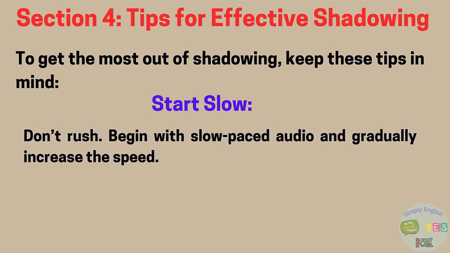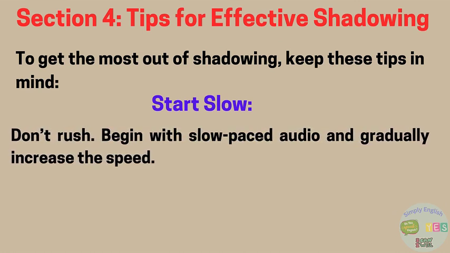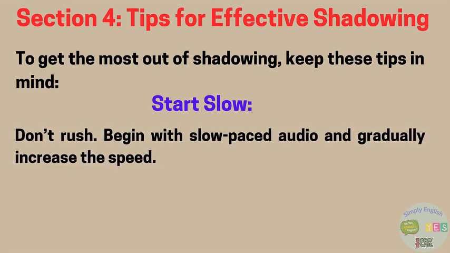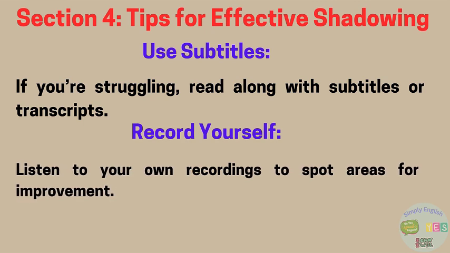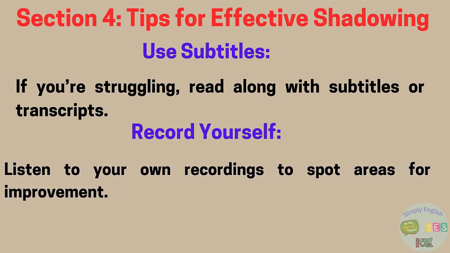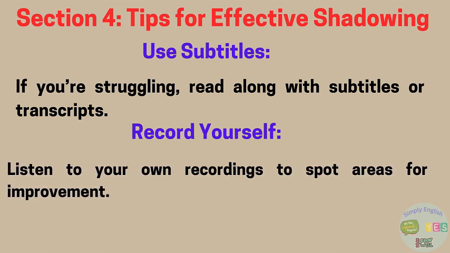Section 4. Tips for effective shadowing. To get the most out of shadowing, keep these tips in mind. Start slow, don't rush. Begin with slow-paced audio and gradually increase the speed. Use subtitles. If you're struggling, read along with subtitles or transcripts.